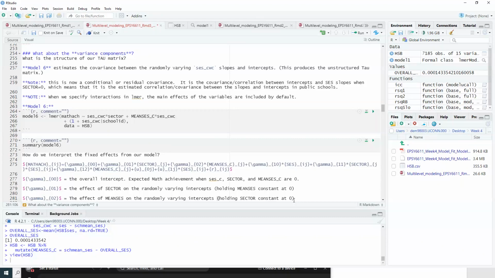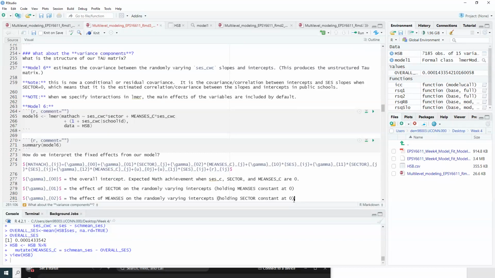I haven't specified the effect of mean SES on the intercept, the effect of sector on the intercept, and the intercept of the SES slope. But in lme4, as soon as I put in those interactions, it's going to put in main effects for all of those things. So you can write all of that out if you want.